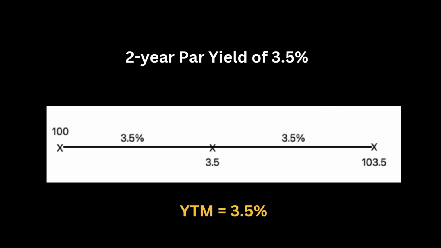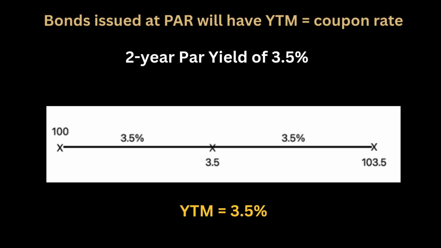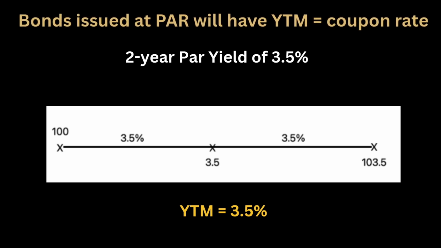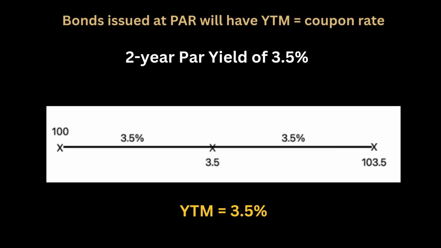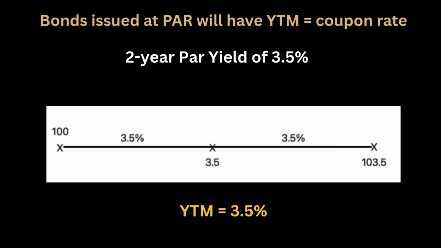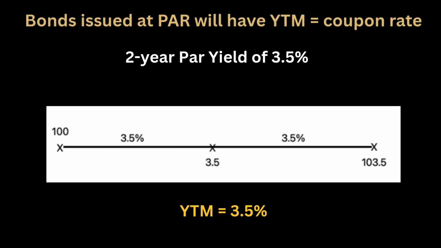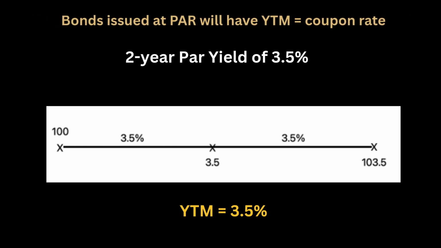Remember our previous lesson that if the bond has a coupon rate equal to the YTM, then it's issued at par value. In all of our examples a while ago, since they are issued at par, therefore the coupon rate is equal to the yield to maturity.